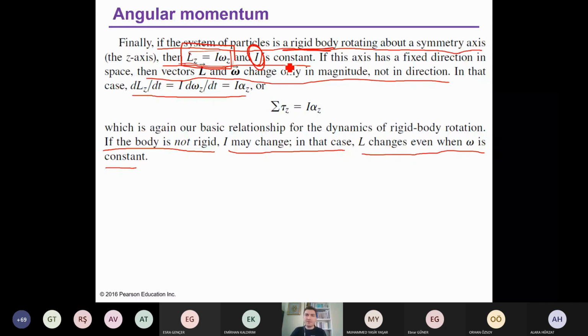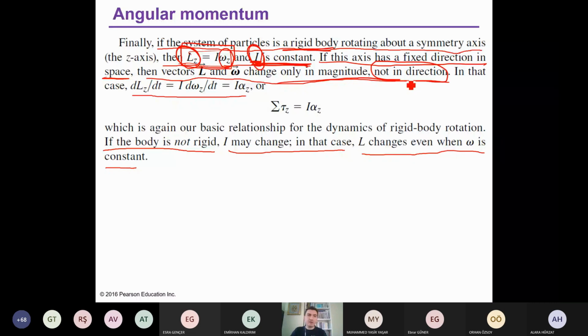Then if this axis has a fixed direction in space, it means that the rotation axis does not change. Then the angular momentum vector and angular velocity vector change only in magnitude, not in direction. Their directions do not change, but their magnitudes can be changed, okay?